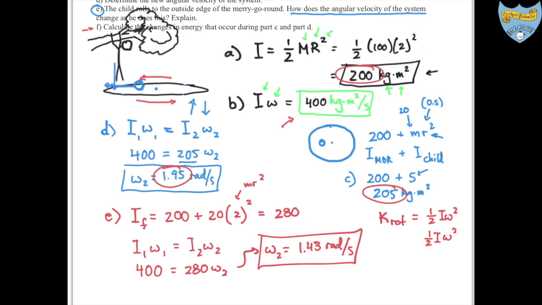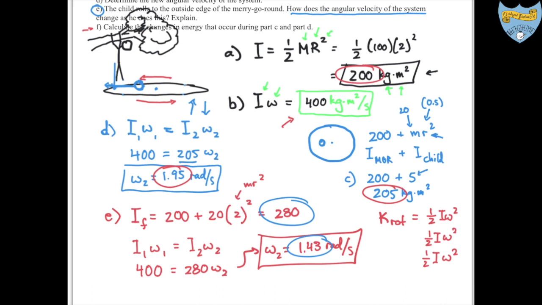It's going to be a little bit less. And then calculate it all the way at the very end when the moment of inertia is 280 and the angular velocity is 1.43, and you will find it has once again decreased. I'm not going to calculate it for this video, but you can calculate it on your own and see how that kinetic energy changes.